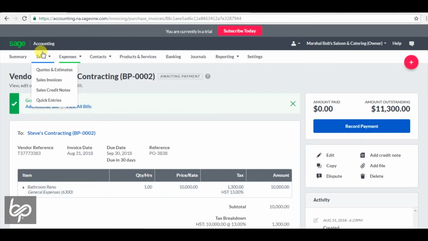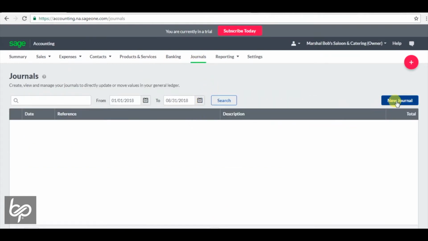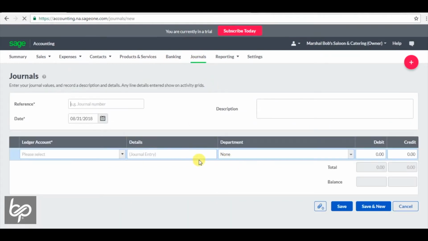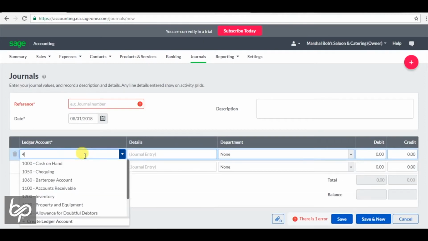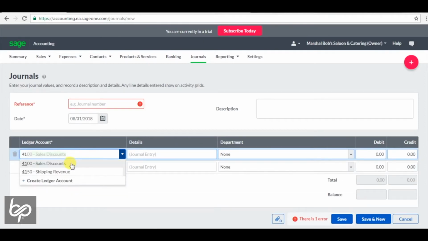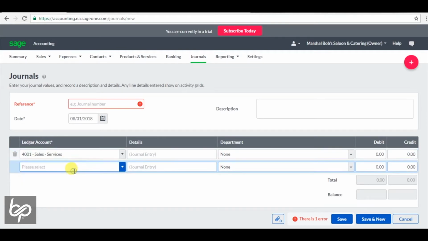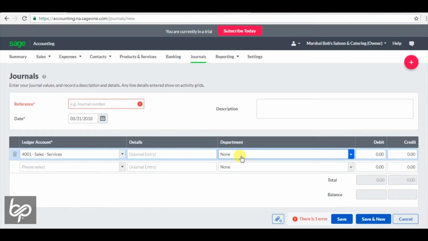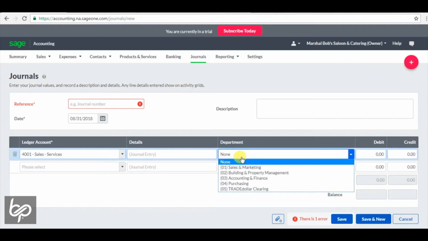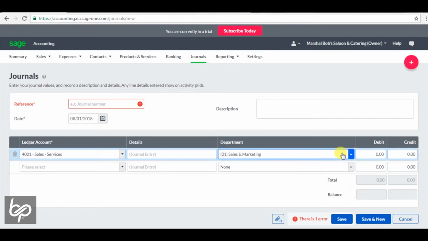And so from here, if that's what you've done, you could allocate part of the sales. So you could say, okay, well now BarterPay is going to send sales against that. You could do it as a journal entry, and you could say that you're going to allocate some of the sales, so future sales. Let's say they're doing a big catering job for somebody on barter, and they're going to allocate a portion of that from the sales department.